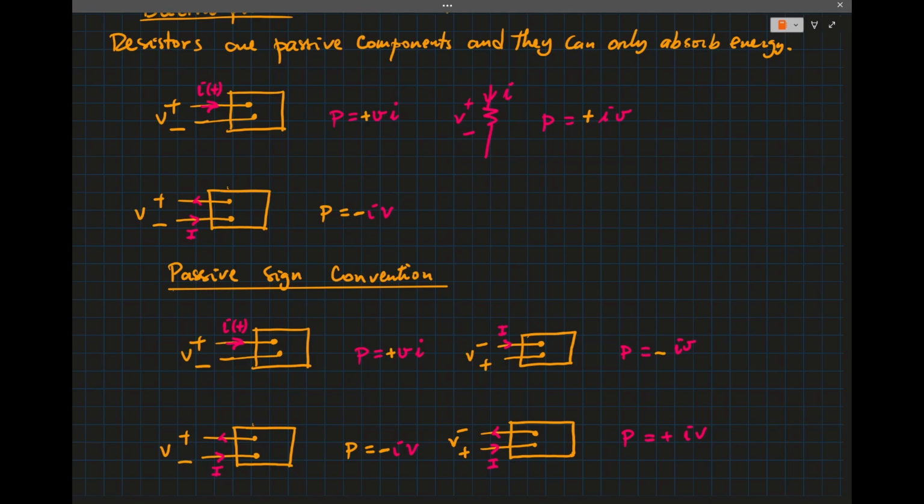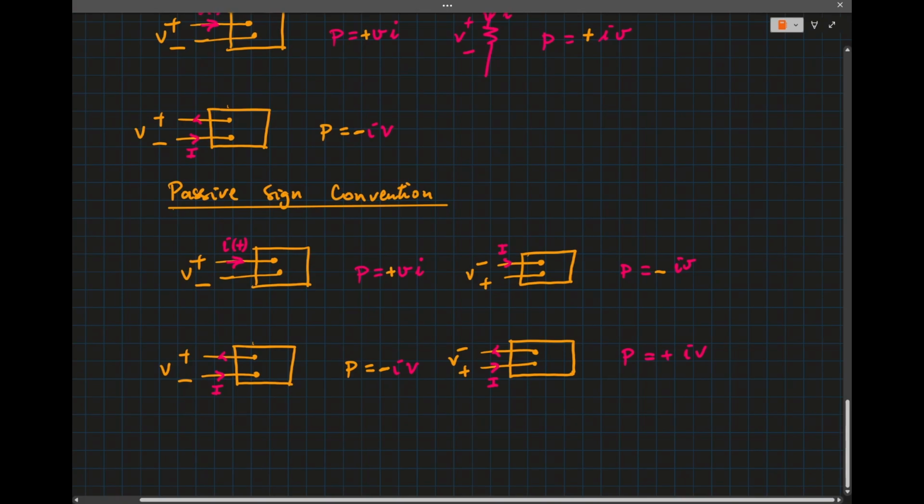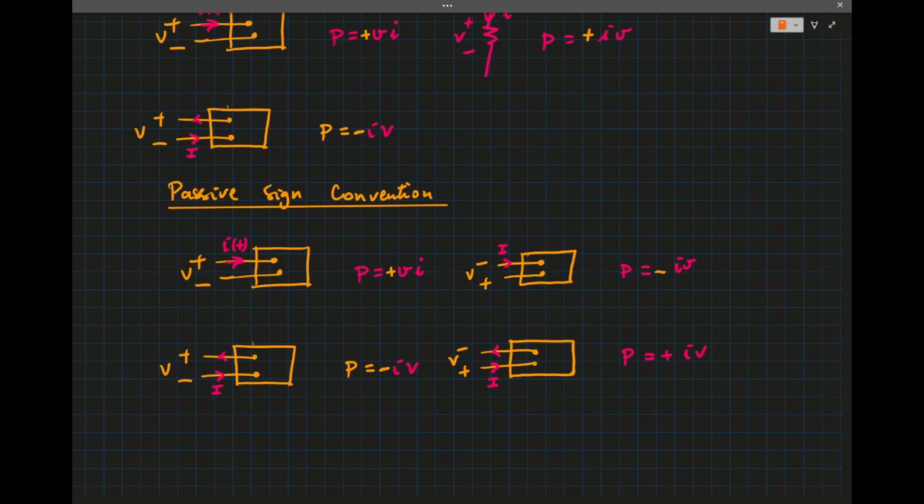We cannot create nor destroy a charge; we can move them around. So this is a passive sign convention, and now we are going to use it for the resistor.